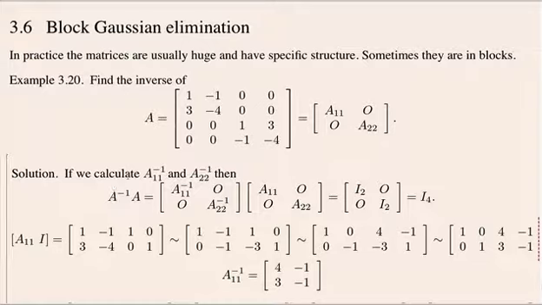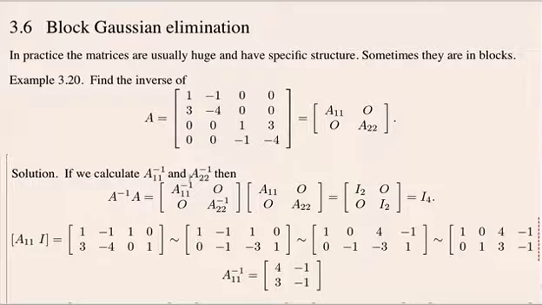And then if we calculate A11 inverse and A22 inverse, this is a little bit less work, because it is just 2 by 2 instead of one 4 by 4. And then A inverse will be A11 inverse, 0, 0, A22 inverse. And you can check that this is really the case, that you get the identity matrix if you multiply A inverse with A.